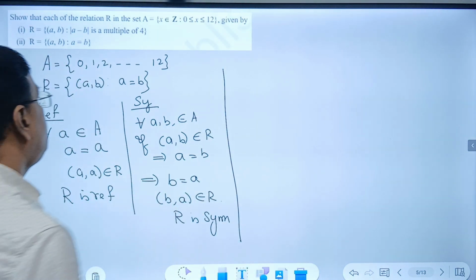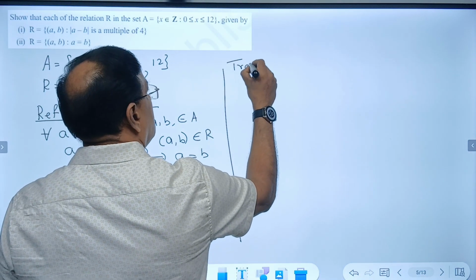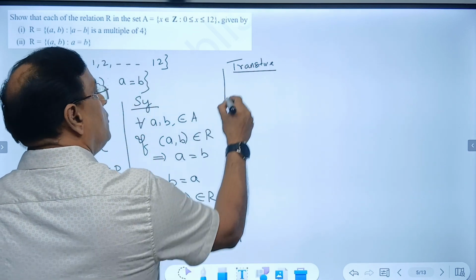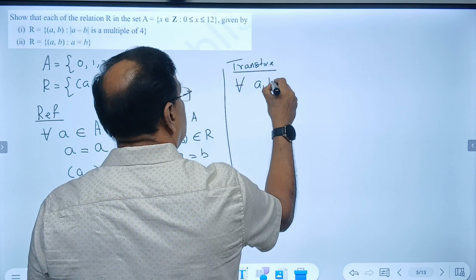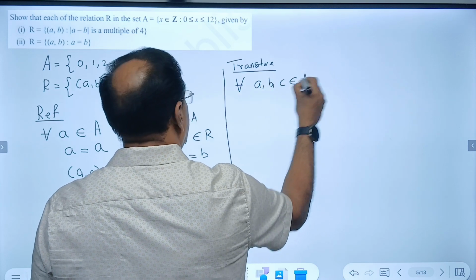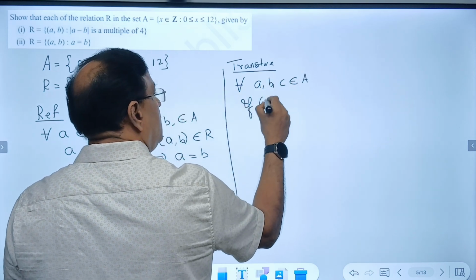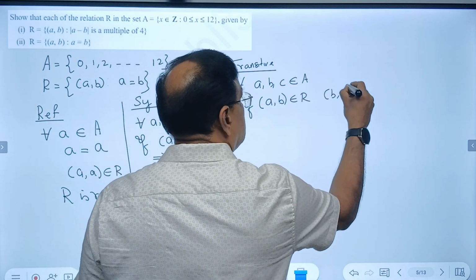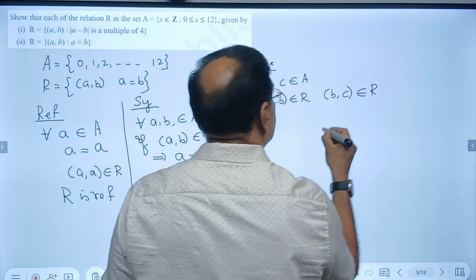Correct? Now for transitive. What do I do for transitive? For every A comma B comma C belongs to A, if A is related to B and B is related to C, what is your conclusion?